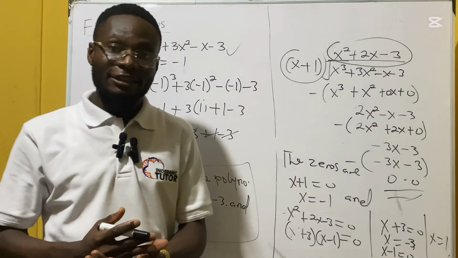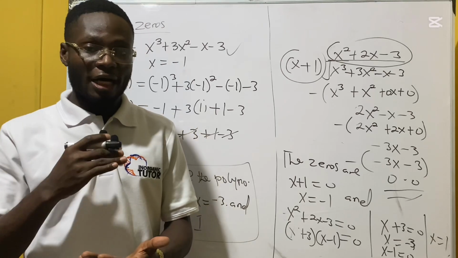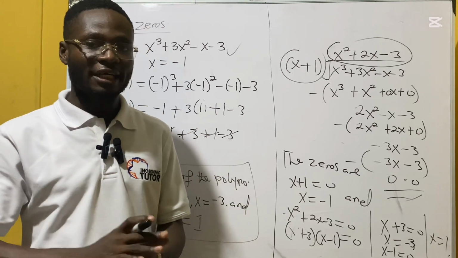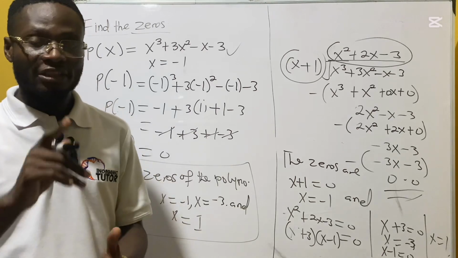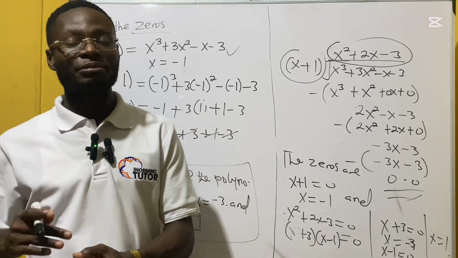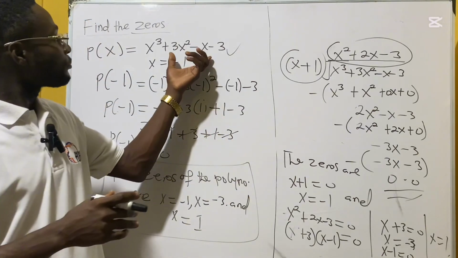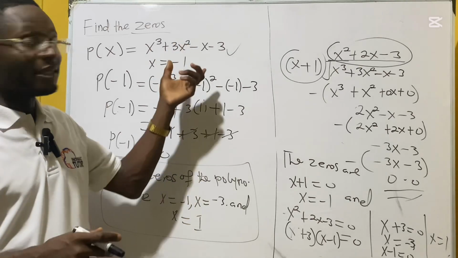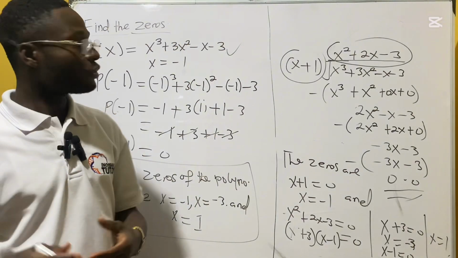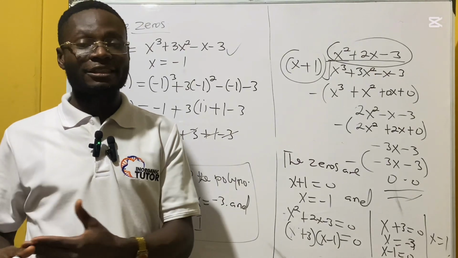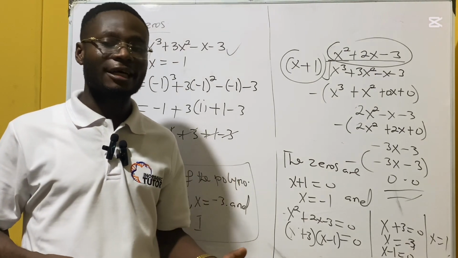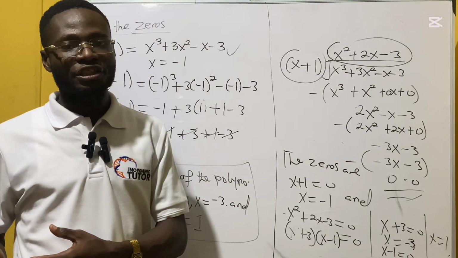So ladies and gentlemen, this is the process that we go through to find the zeros of a particular polynomial function. First, look for the factor that makes the polynomial 0. Once you have that factor, use it to find the other factors by using either the synthetic approach or the long division approach.